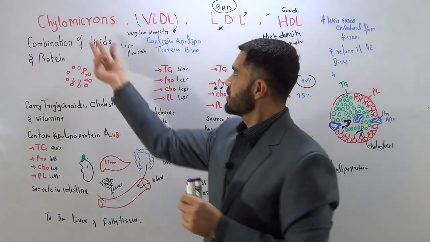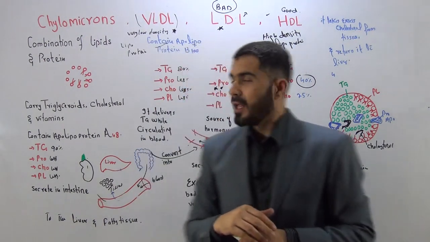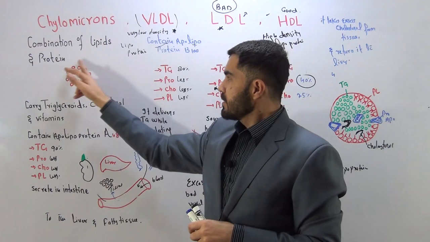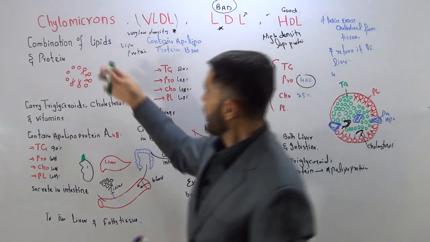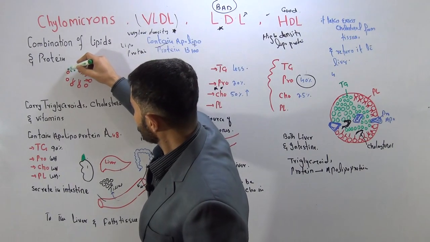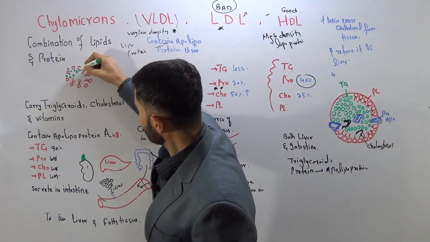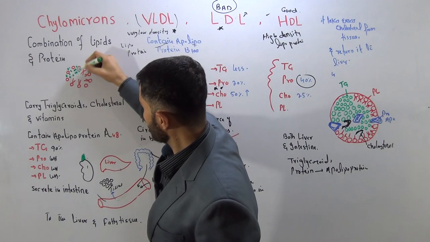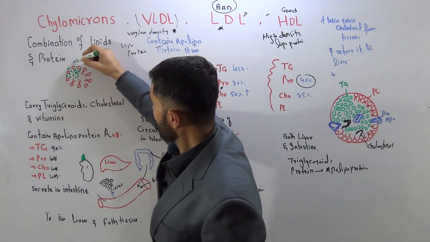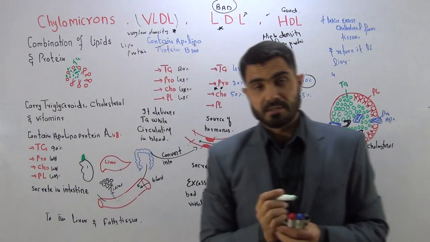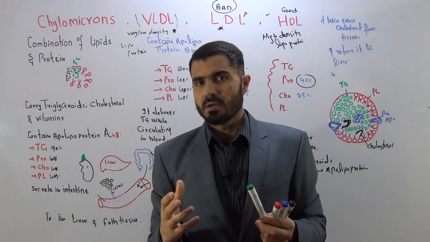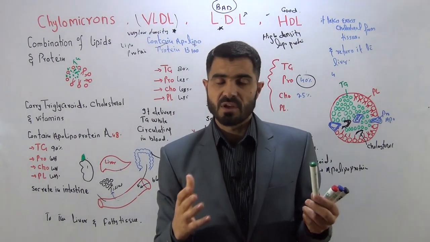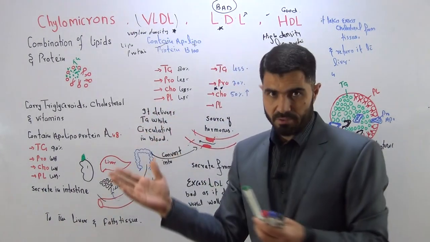First, start with the chylomicrons. In chylomicron, if you see here, phospholipid is there, and you will also find a lot of triglycerides, 90% triglycerides. So chylomicron can be identified from the quantity of triglyceride. A very high amount of triglyceride is there in the chylomicrons.